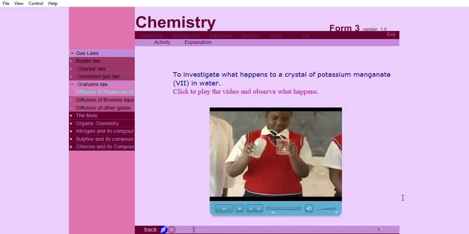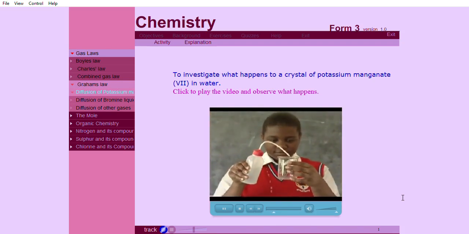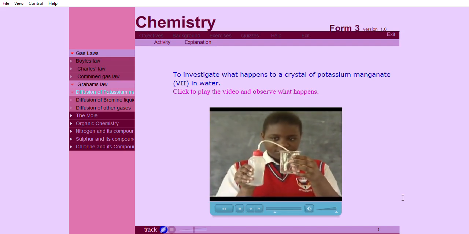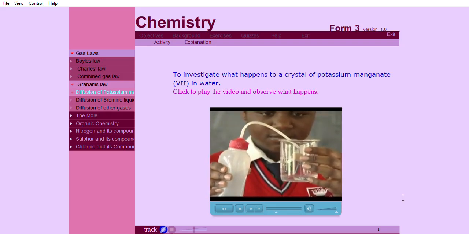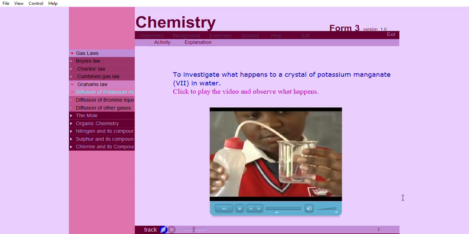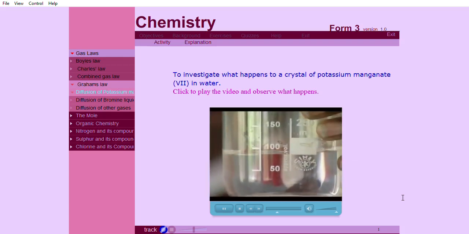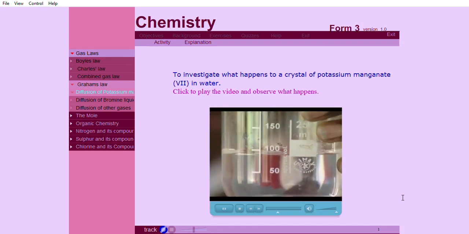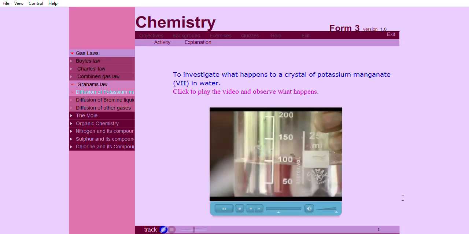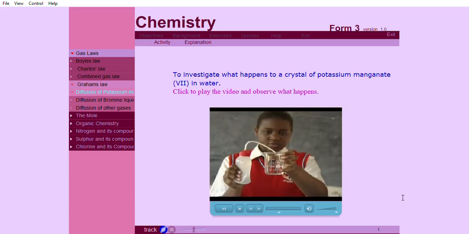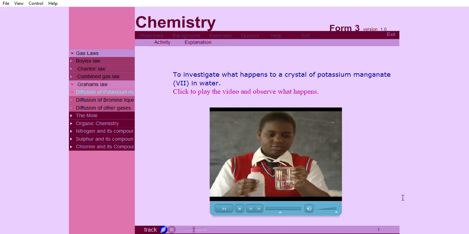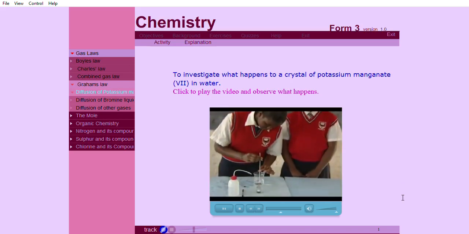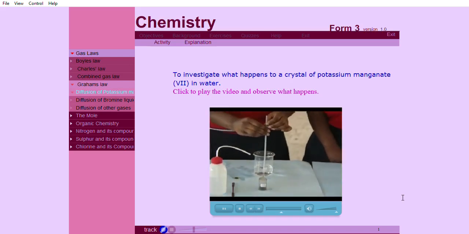Here is the procedure. Put 100 milliliters of water into a 250 milliliter beaker. Place a glass tube or a straw in the middle of the beaker.